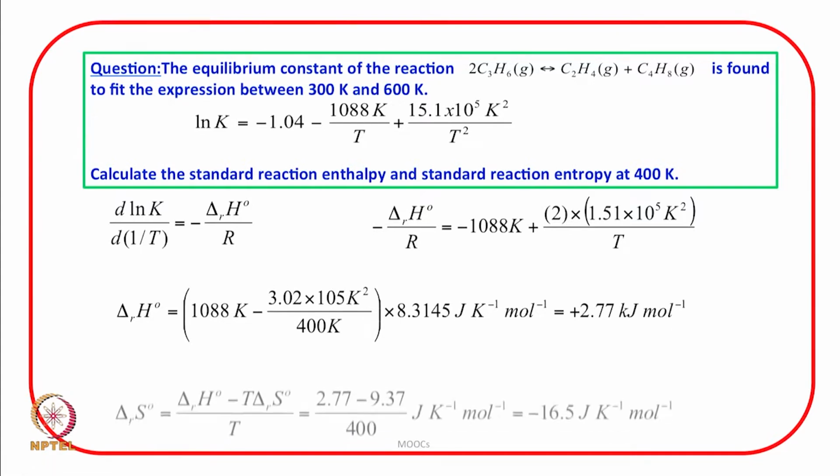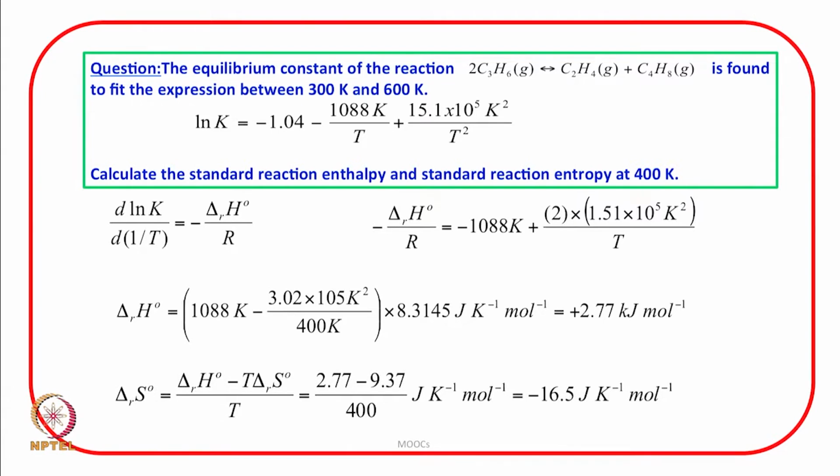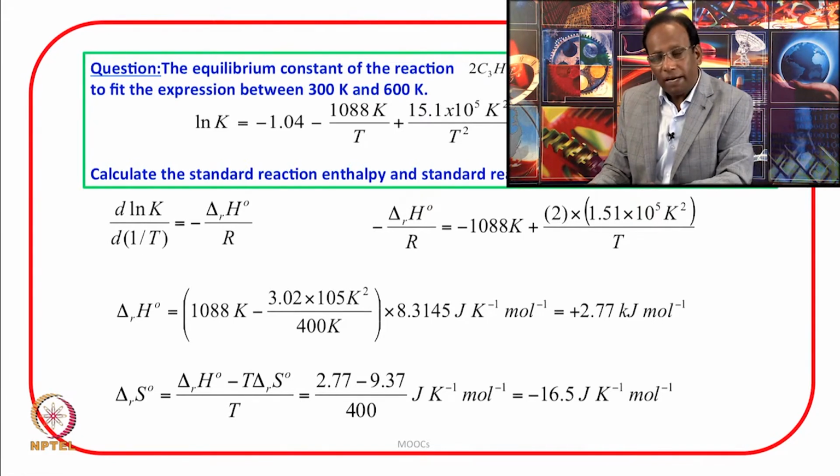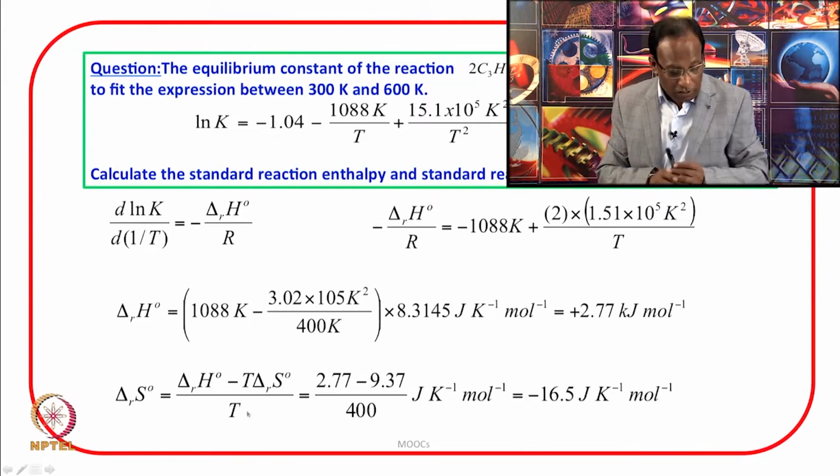Once I have standard reaction enthalpy, I can calculate standard reaction entropy from delta G naught is equal to delta H naught minus T delta S naught.